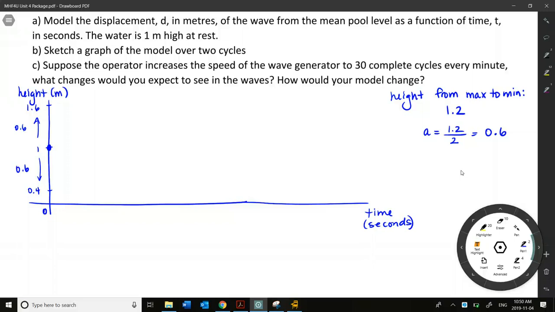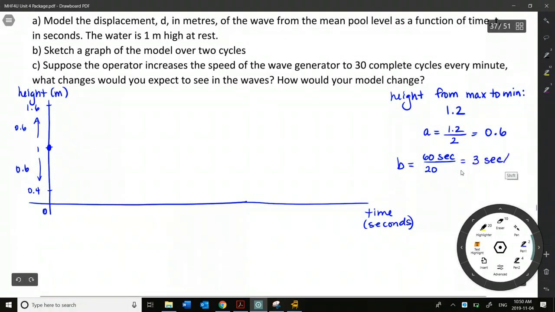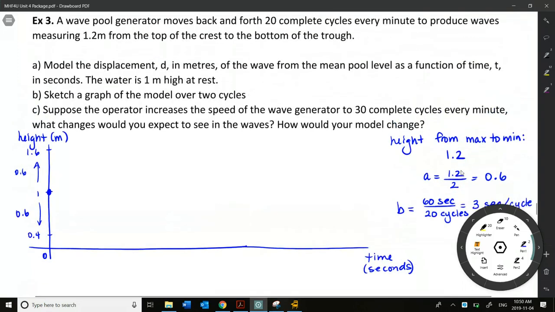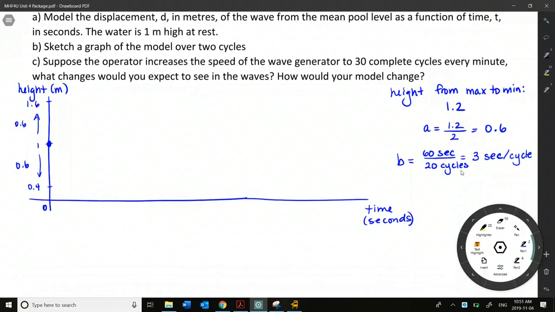Okay, so if I say B as far as period, if I do 60 seconds in a minute over 20 cycles, that gives me 3 seconds per cycle. Agreed? I can do 20 cycles every minute, so each cycle must take 3 seconds then.